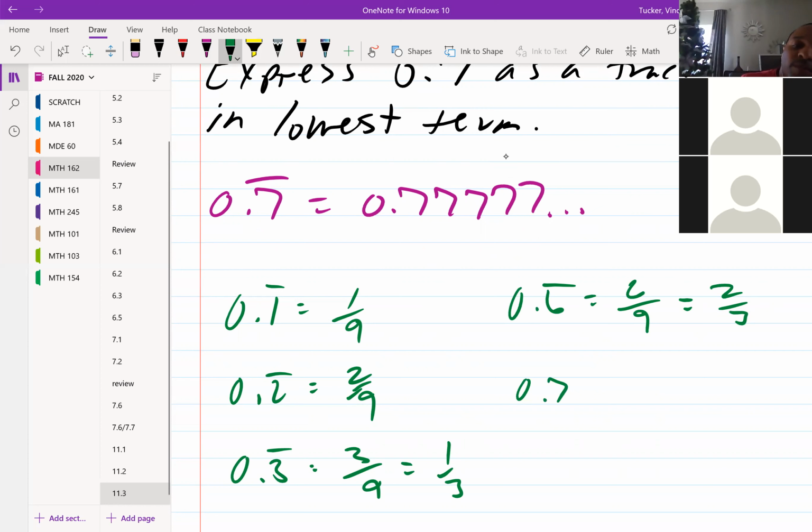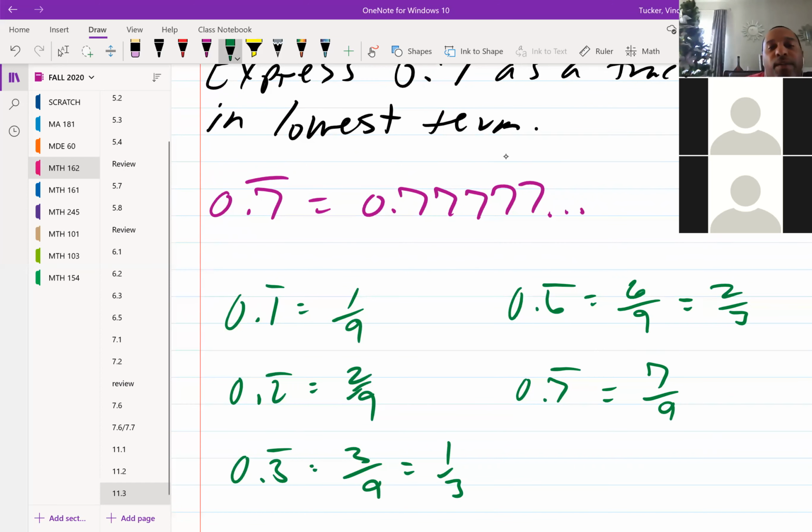And 0.7 repeated is 7 over 9. And it only works for 1 through 8, because 9 over 9 is 1.